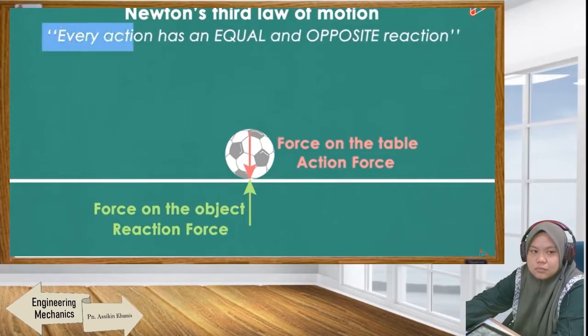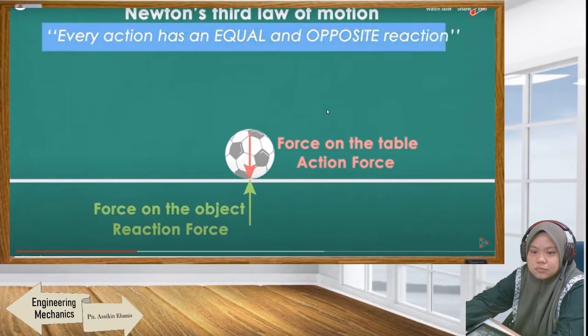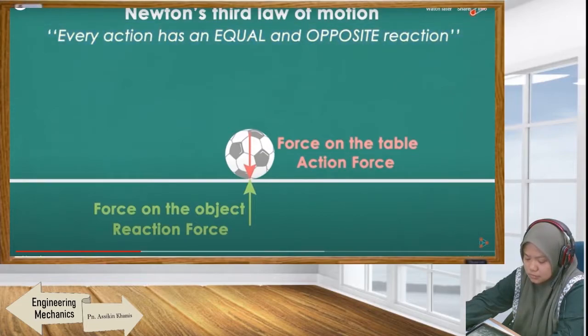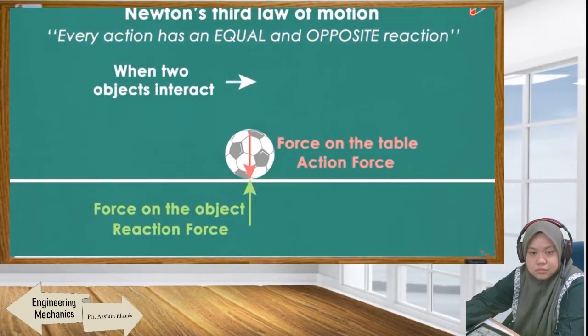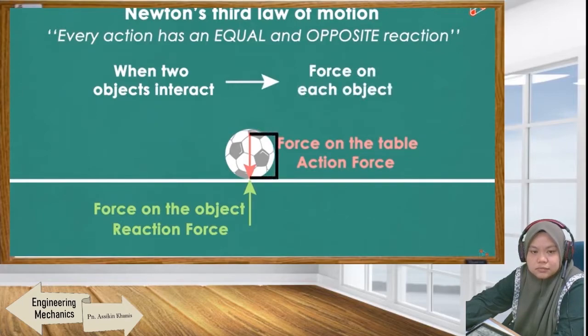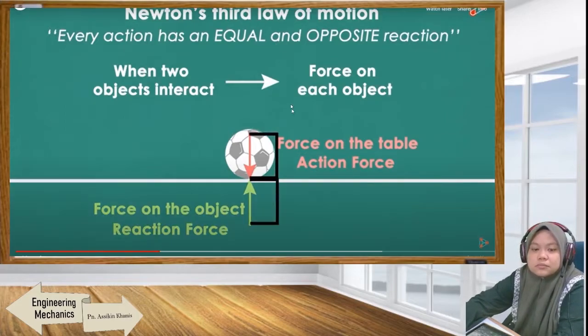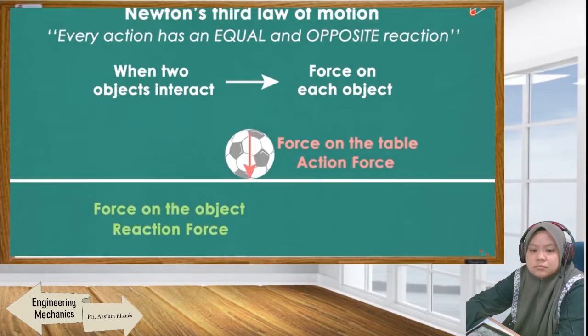Every action has an equal and opposite reaction. It means that when two objects interact, there is a force on each object. The magnitude of force on the first object equals the magnitude of force on the second one.